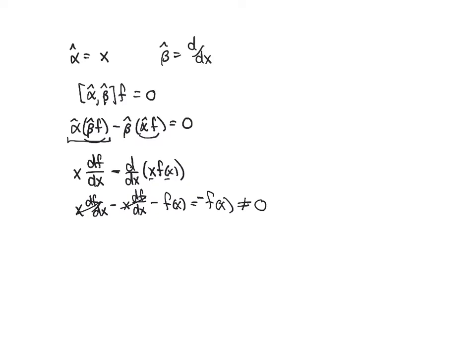So the only time that this would be true is if the function equaled 0. And so we can say that alpha and beta, where alpha is just multiply by x and beta is take the derivative, do not commute.